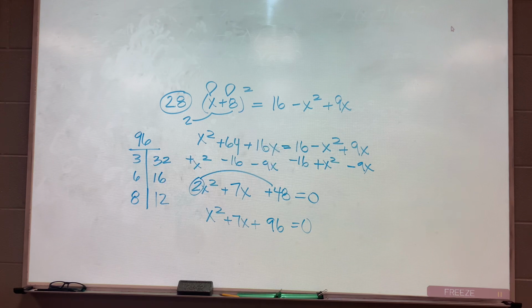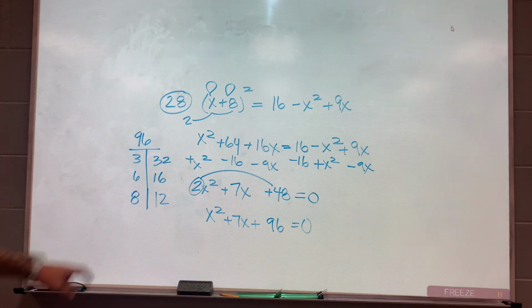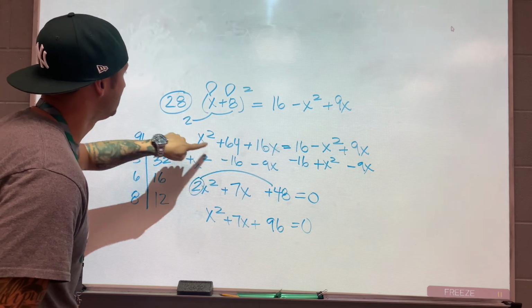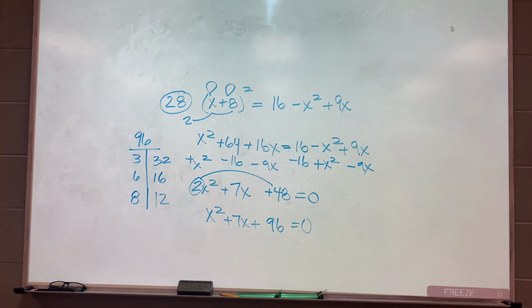Subtracted 9. 16 minus 9 is definitely 7. So x times x is x squared. 64. 2 times 8 is 16. All right, it works out. I mean, it's not working out, but it looks correct thus far.